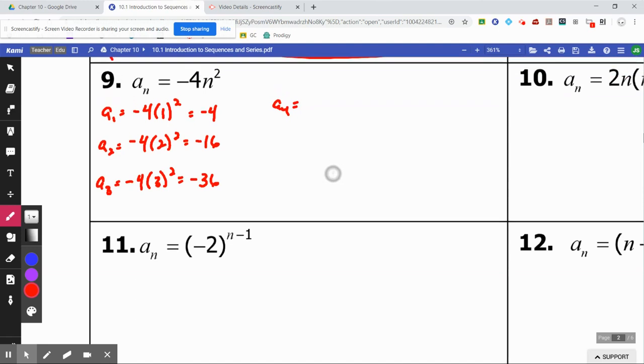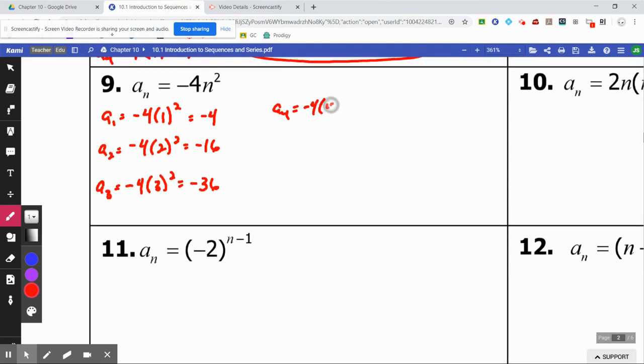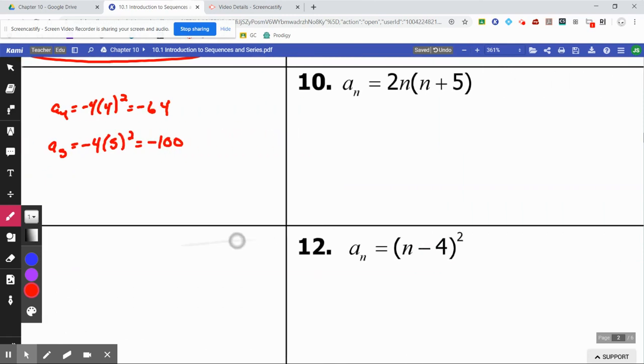A4 would be negative 4 times 4 squared, which would be negative 4 times 16 is a negative 64. And then A of 5 would be negative 4 times 5 squared, which is negative 4 times 25, which is negative 100. There's your first 5 terms in the sequence.